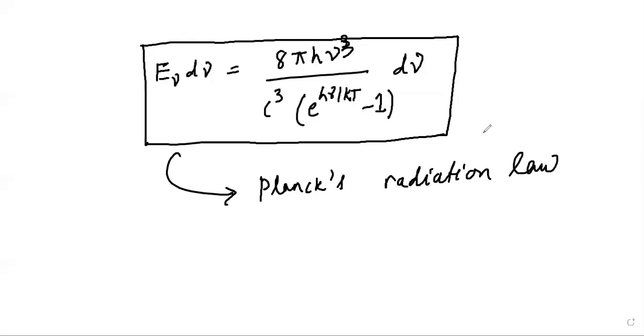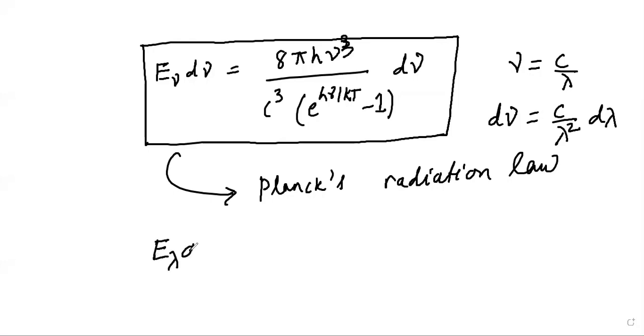In terms of wavelength, if you want to write, then you know that nu is equal to c by lambda, and your d nu can be written as c by lambda square d lambda, and then you can substitute here, so that we can rewrite the same equation in terms of lambda.